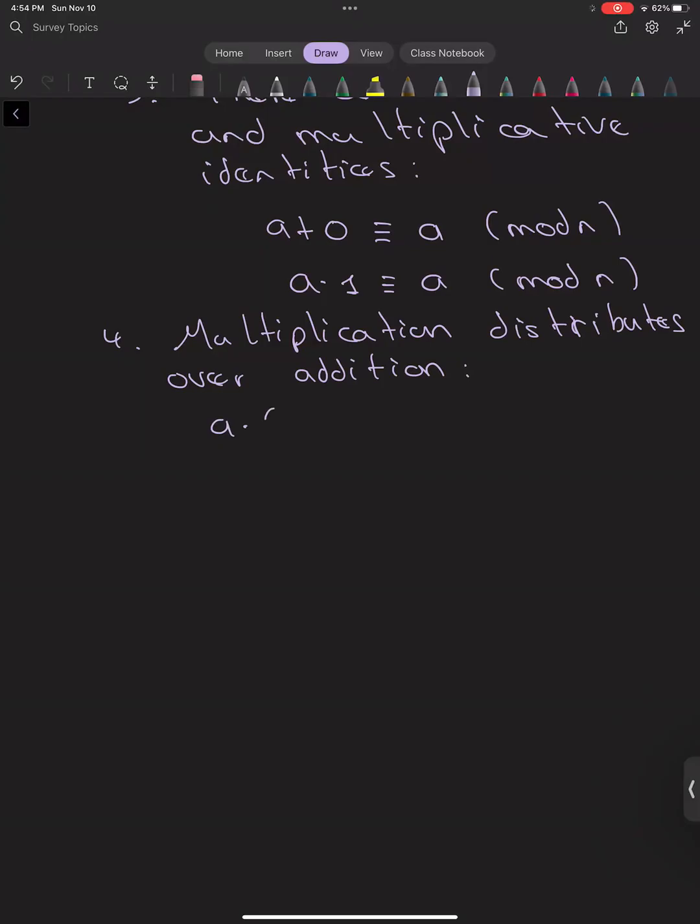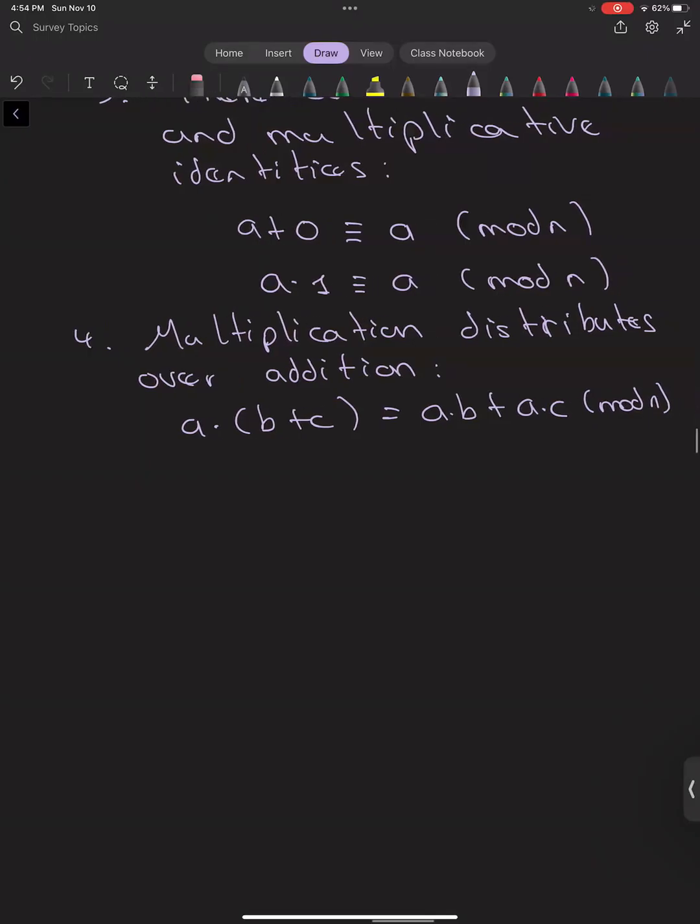That a times (b plus c) equals a times b plus a times c mod n. So notice that all this is regular addition and multiplication, okay? But we're not defining anything new here, really.